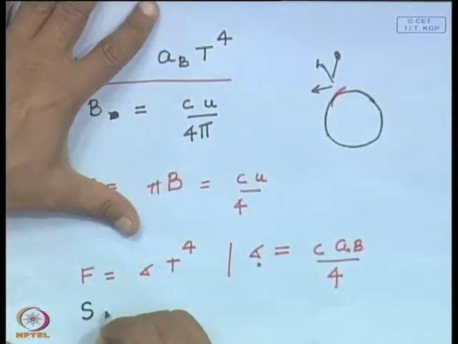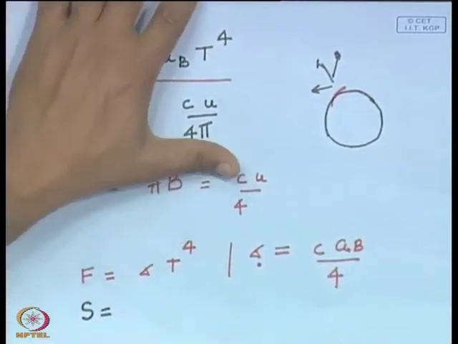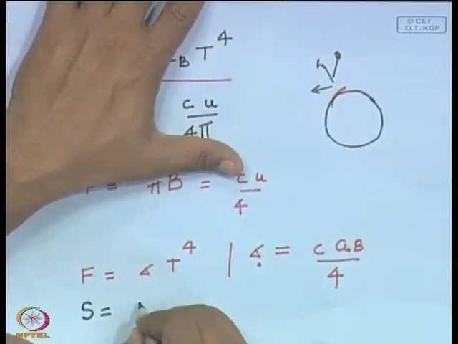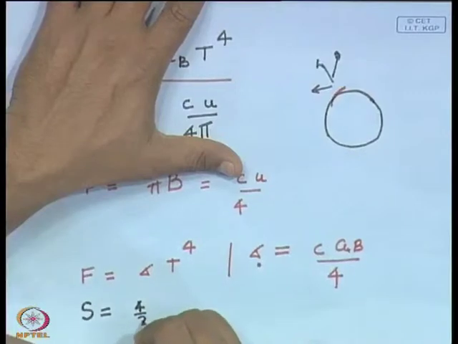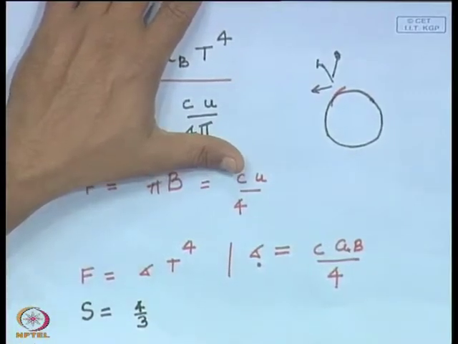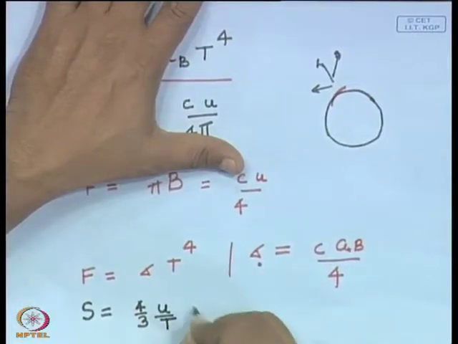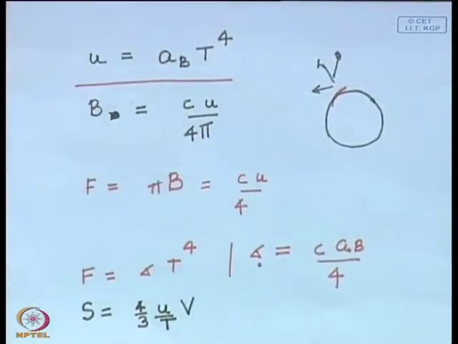The entropy is equal to 4/3 the energy density by T into the volume.